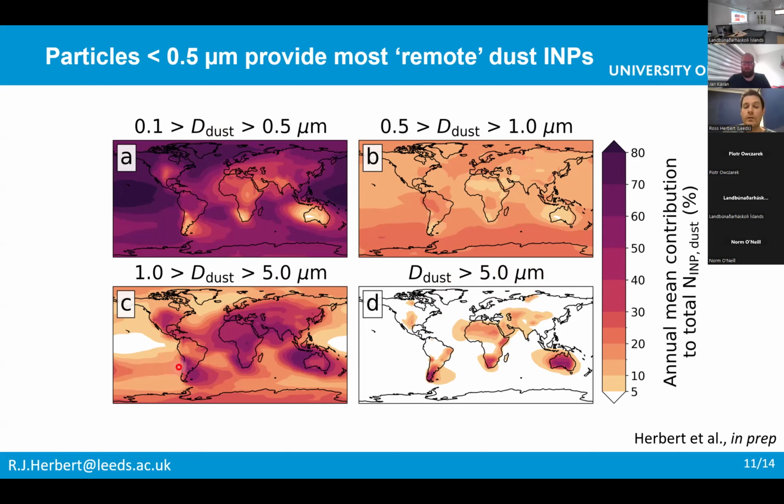Close to the major dust source regions, it's these bigger particles that really control the IMP concentration. Whereas when we shift to these smaller size modes, it's these remote regions: the open oceans, the Arctic, and to some degree the Southern Ocean, where it's the smaller particles that provide most of these remote dust IMPs.